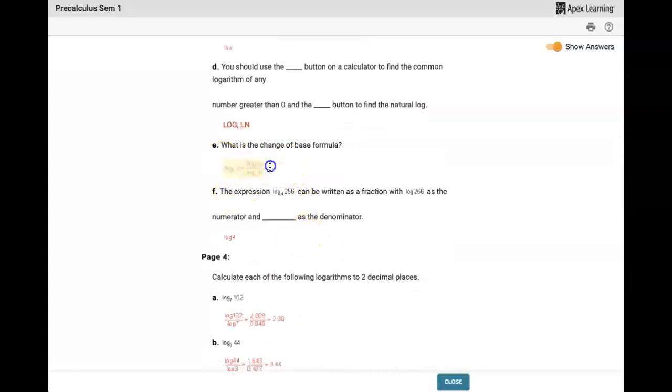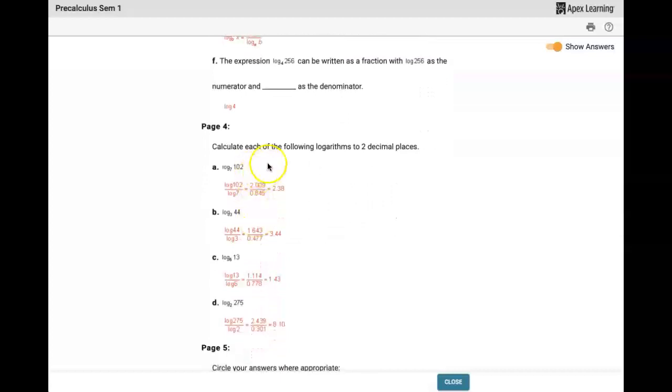All right, then we can also use this change of base formula. So if I have log base b of x and it's not one of the easy ones that we know, I can take my log function or my ln function and I can write it as log of x over log of b.